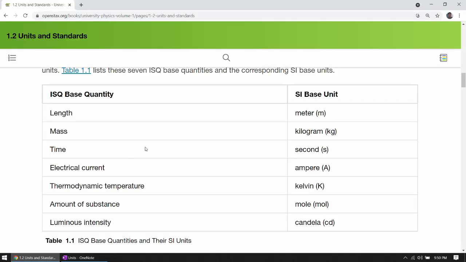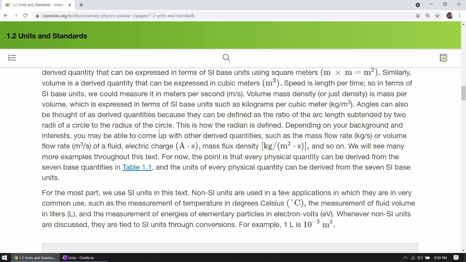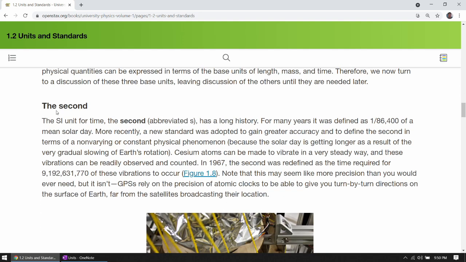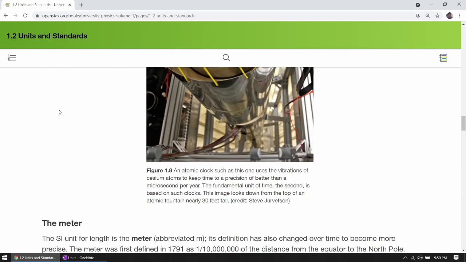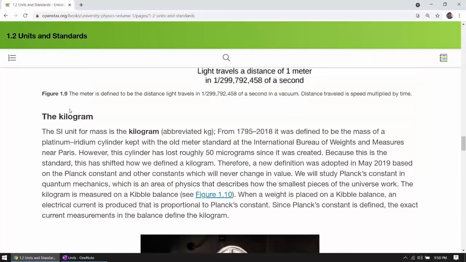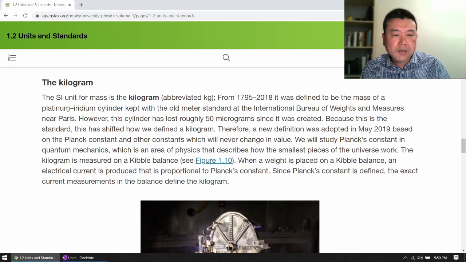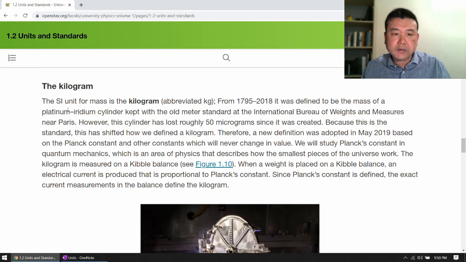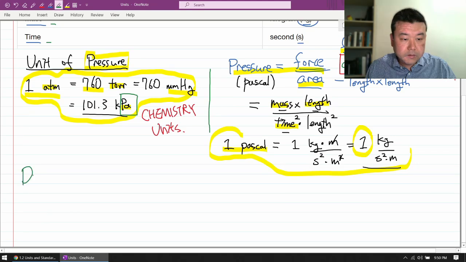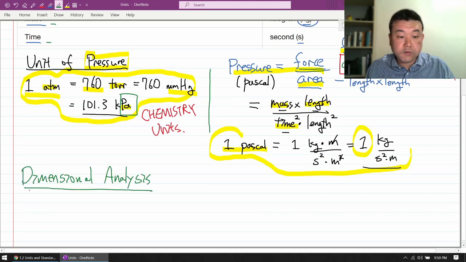Your textbook spends some time covering these basic units of time, length, and mass. It's interesting history, and I recommend that you read through it. I guess we don't have time to talk about it in depth. But one thing I want you to put on your radar is something called dimensional analysis. Let me spell it out. You will see examples of this throughout the semester.